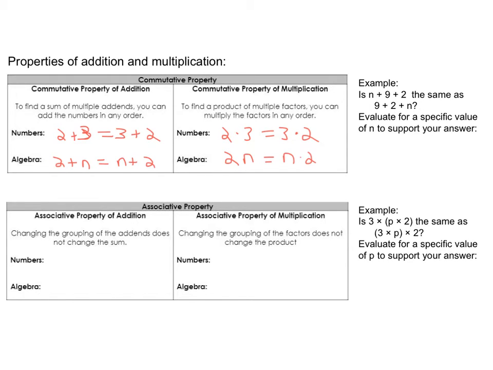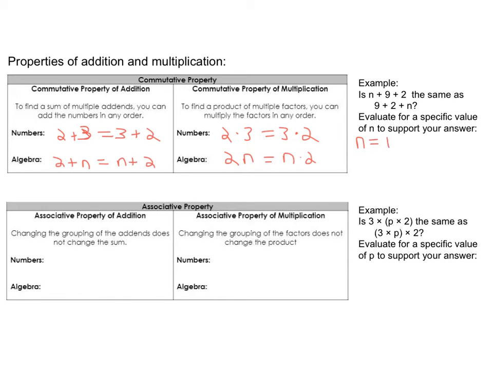Let's take a look at this first example. It's asking if n plus 9 plus 2 is the same as 9 plus 2 plus n. The way I want you to figure that out is pick a value for n and see if they are the same. I'm going to do that for you real quickly right now. I'm going to say n is equal to 1.